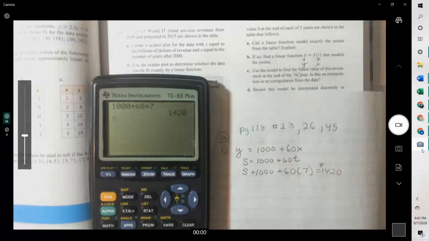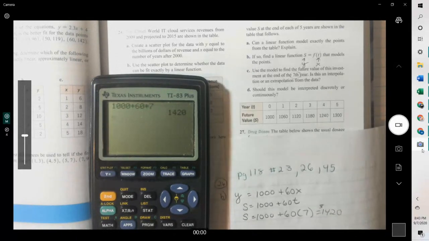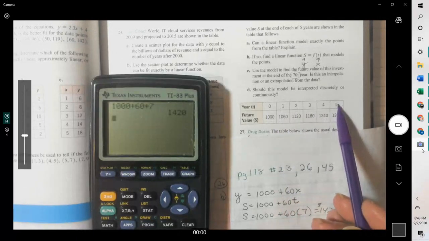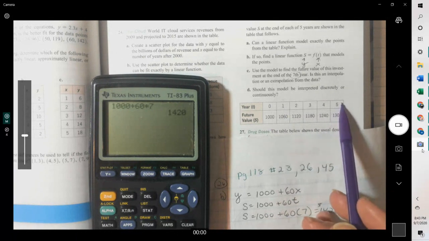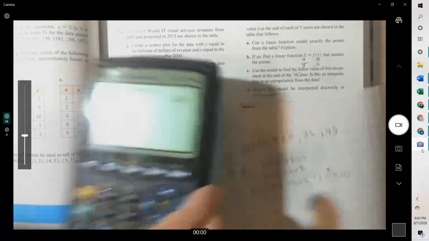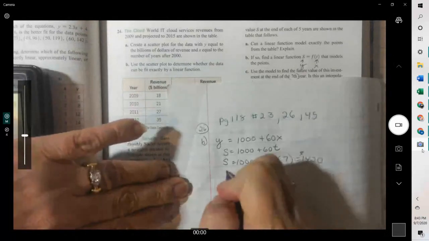Now, to decide if the 7th year is an interpolation or an extrapolation, notice the year values we're given were 0 to 5. Since 7 is not in that range, it's an extrapolation.